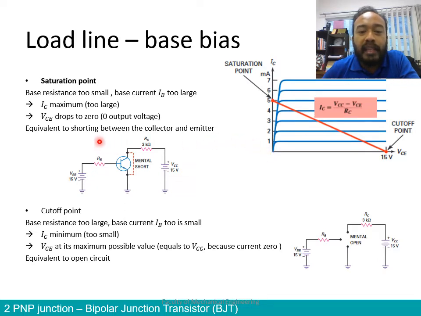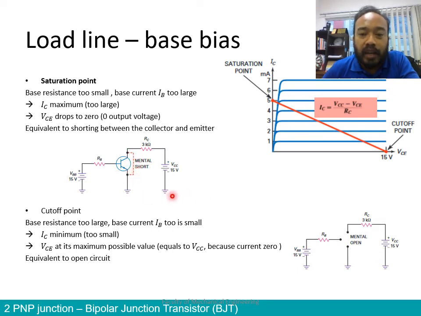In terms of equivalent electrical circuit, it is equivalent to shorting between the collector and emitter. It is as if you don't have any transistor anymore. So you have your current circulating only directly inside the collector loop, and there is no voltage across over here.